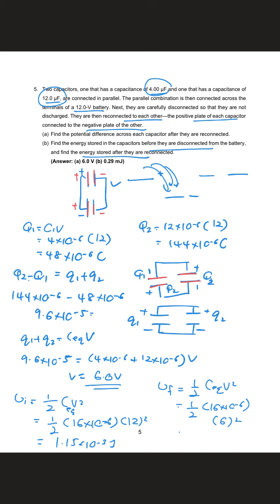So you are going to get 2.88 × 10^-4 joule. I accidentally forgot to put another answer here. So basically you have two answers: 1.15 × 10^-3 joule, the energy stored before, and 2.88 × 10^-4 joule, which is after they are reconnected.